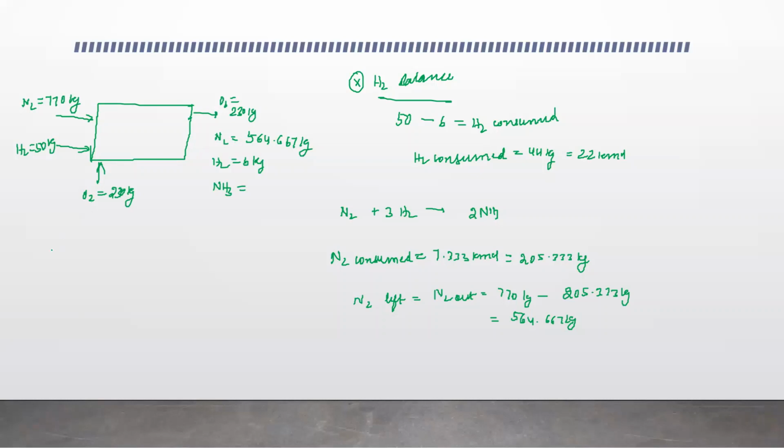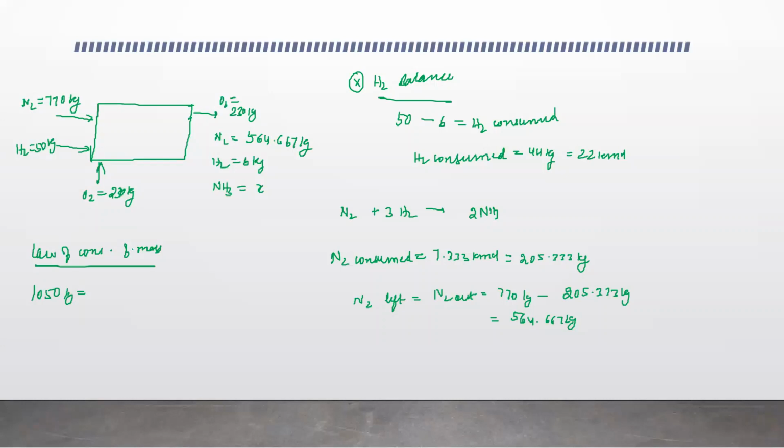All right. Now you can use the law of conservation of mass. So 770 plus 230 plus 50, that is 1050 kg, is the inlet, right? And the outlet is 230 plus 564.667 plus 6 plus, let's call it x.